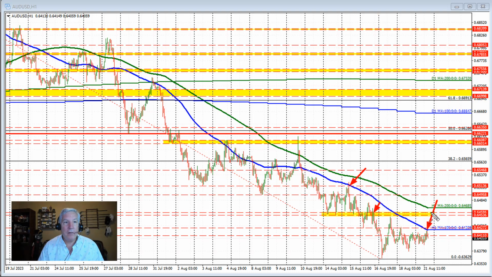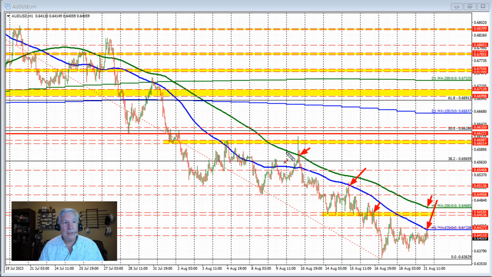If we break above the 100-hour moving average, that's where we would next target, followed by the 200-hour moving average at 0.6468. We did move above that moving average not last week, but the prior week, and failed. And you go all the way back to this day right here, which is July 27th or 28th, for the last time the price really traded above that, well, really it traded for half of a day or something above that level.